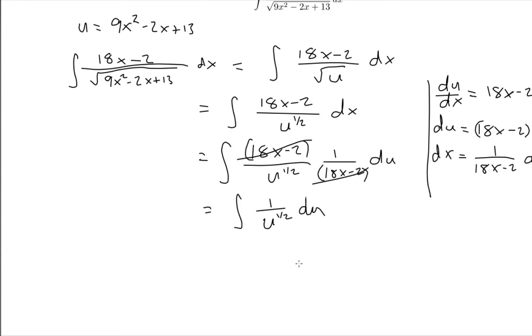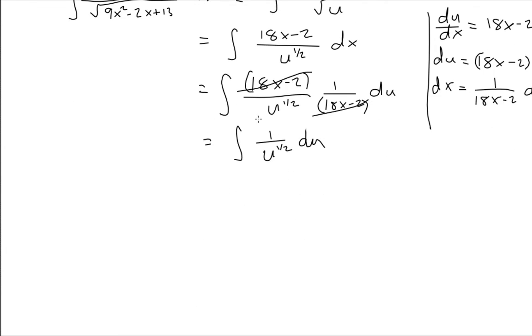Of course, I can take the u from the bottom and put it on the top by changing it to a negative 1/2, just by laws of exponents. And now I can use my anti-differentiation laws. The indefinite integral of u to the power of negative 1/2 is u to the power of, well, I take the negative 1/2 and raise it by 1, so this becomes u to the 1/2.